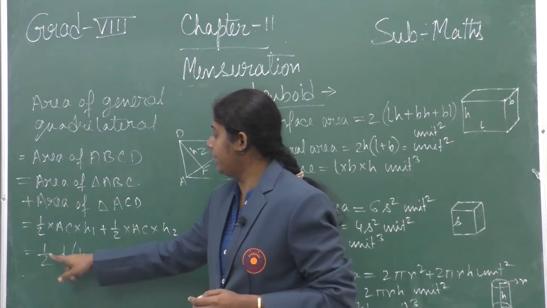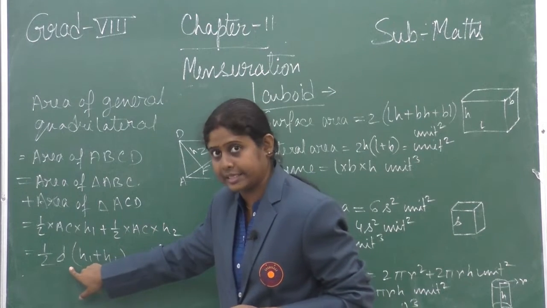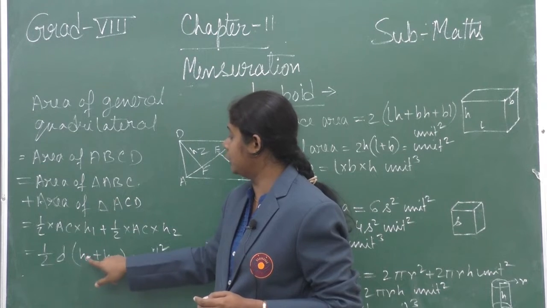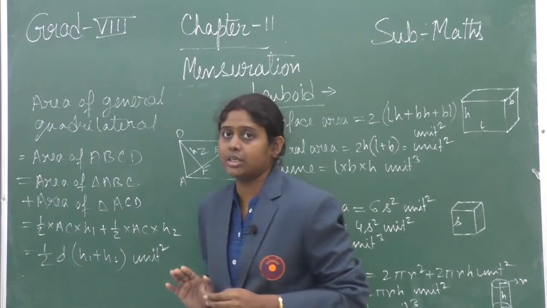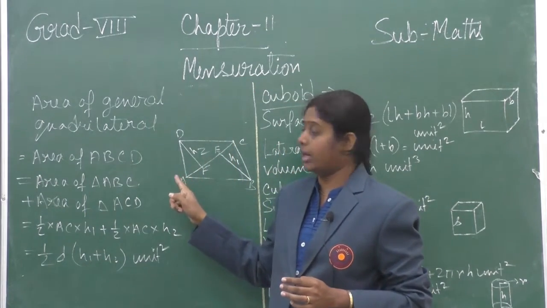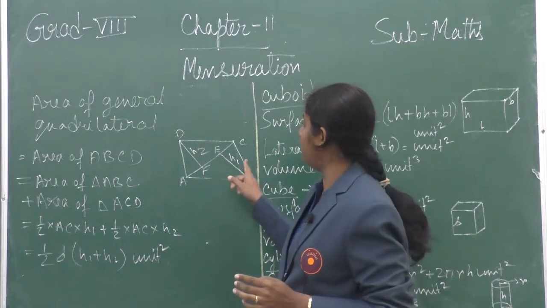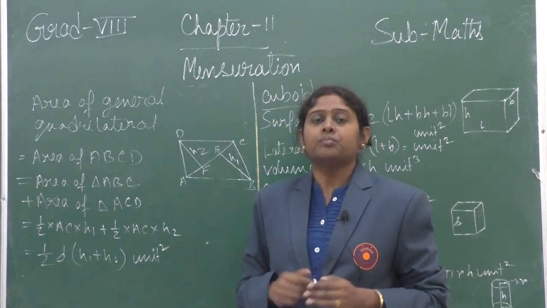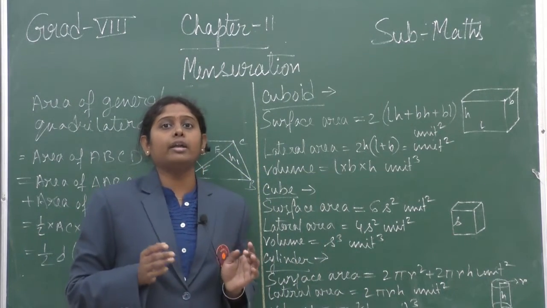So, taking common half AC, where AC we are naming as D. So, taking common half D, we are getting the formula H1 plus H2 unit square, means the area of general quadrilateral is equal to the length of the diagonal divided by 2 into the sum of two perpendiculars from two vertices square unit.